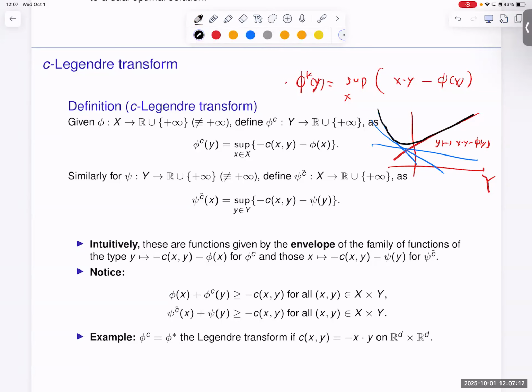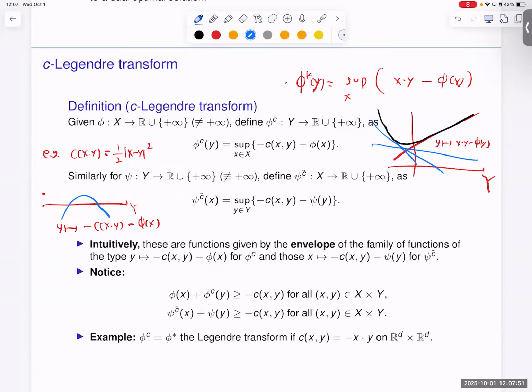Here, the situation is similar. An example of c: let's say I just have |x minus y| squared, just the square function. Then the negative c(x,y) minus phi(x), as a function of y in the space of y, looks like an upside-down parabola, or paraboloid.